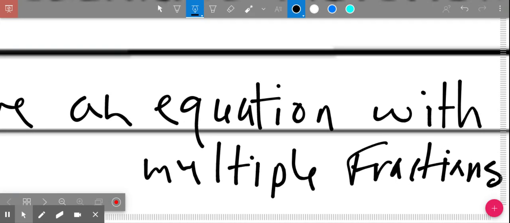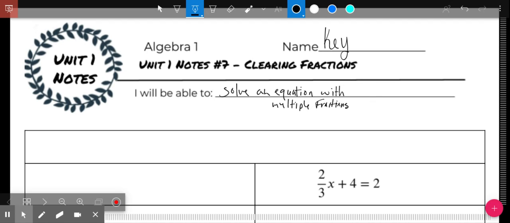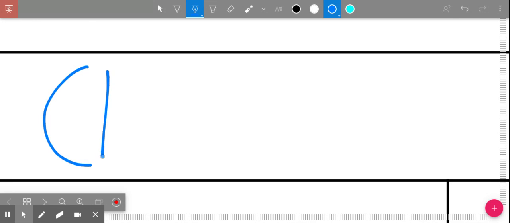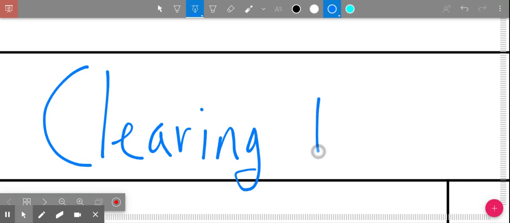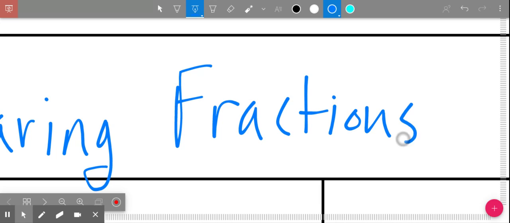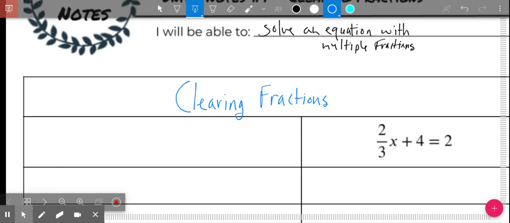Alrighty. So looking at our first example, this method that we're going to use for getting rid of the fractions is called clearing fractions. So our goal today is actually to take an equation with a bunch of fractions and get rid of them. So clearing fractions. And that's going to be our goal today, is to get rid of those.